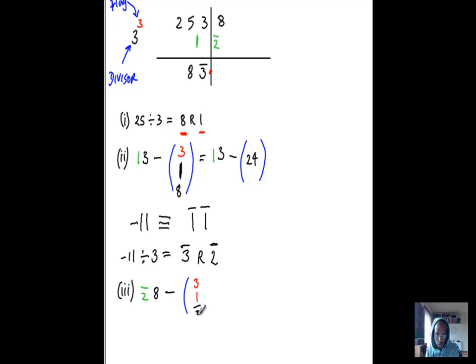We've got minus 3 like so. Put the other parenthesis right there. And that's equal to what? Well, let's work this bit out here. Minus 20 plus 8. Minus 20 plus 8 is minus 12. So we can just write that as minus 12.